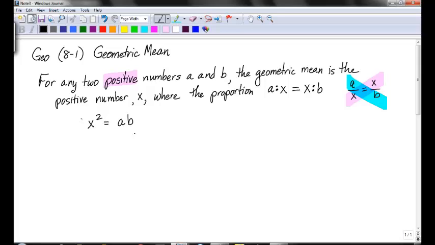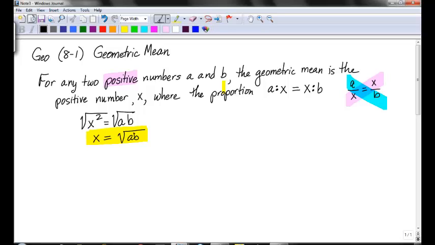So if you take the square root of both sides, the geometric mean equals the square root of their product, AB. So this is basically how you find the geometric mean between two numbers. If I give you two numbers and I say I want the geometric mean, you multiply them together and you take the square root. Don't make it any harder than that.